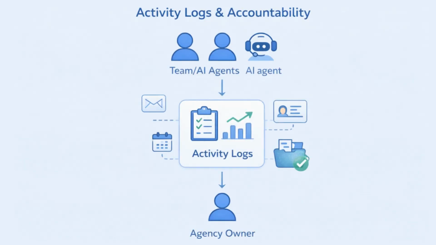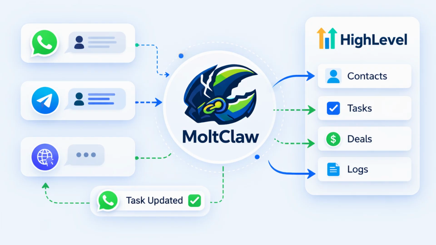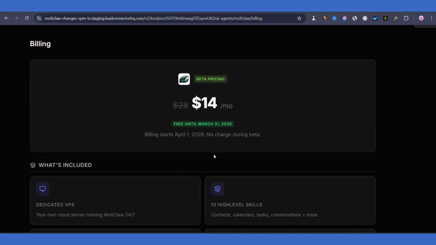So in this case, let's say you are an agency owner, you can see which of your team members made which change. What is most interesting is that they are also planning to create multi-channel communication so that the agent can work through WhatsApp, SMS, and other HighLevel conversation channels directly without complicated separate integration.